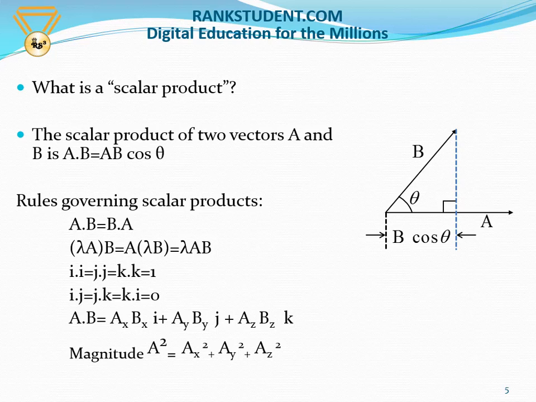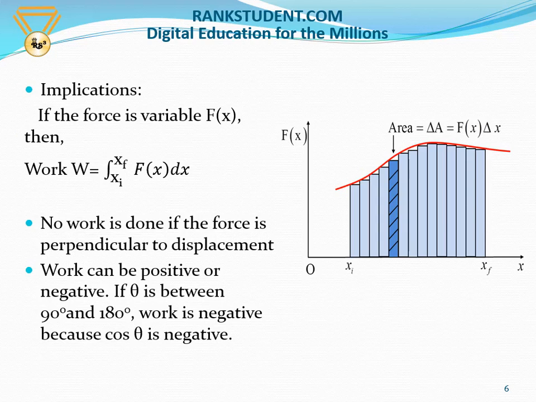The magnitude A squared is given by the sum of the squares of the magnitudes in each of the individual directions. A squared equals AX squared plus AY squared plus AZ squared. So if you're interested in A, you take the square root of the sum of the squares of the magnitude in each of the three directions.